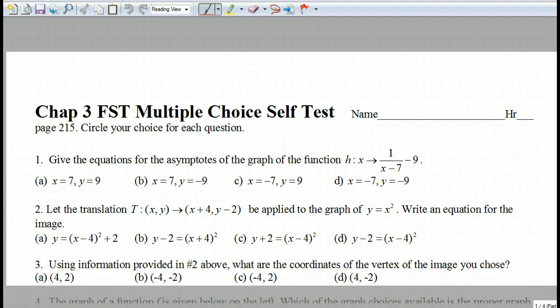it's give the equation for the asymptotes of the graph of the function h of x is 1 over x minus 7 minus 9. So what are the asymptotes of this? First of all, tell me what the parent function is. 1 over x, okay? And where does it move?